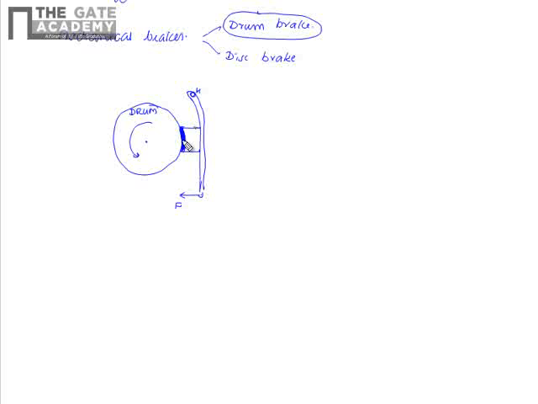Now, this drum brake can be divided basically into two types. The member which comes in contact with the moving body is called the shoe in a brake. And the drum brakes are basically classified on the shoe geometry. It is divided into short shoe and long shoe. So, what is the short shoe and what is the long shoe?